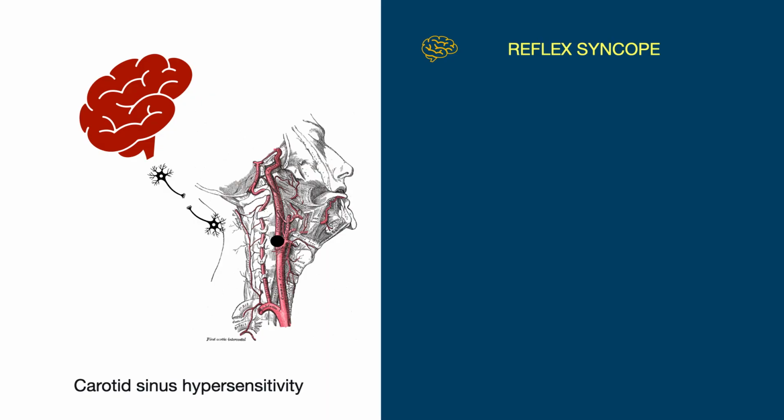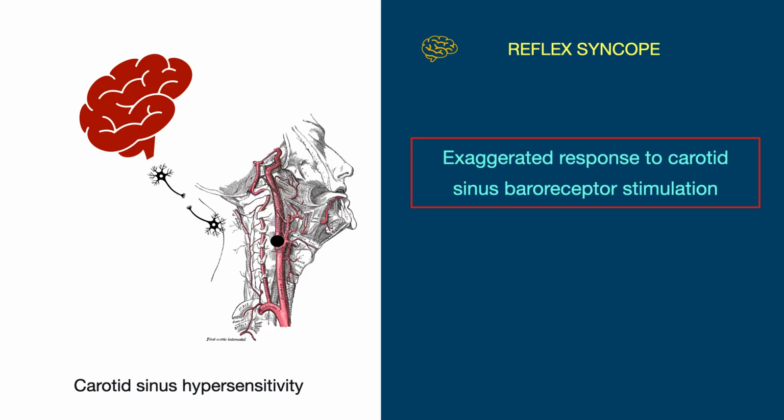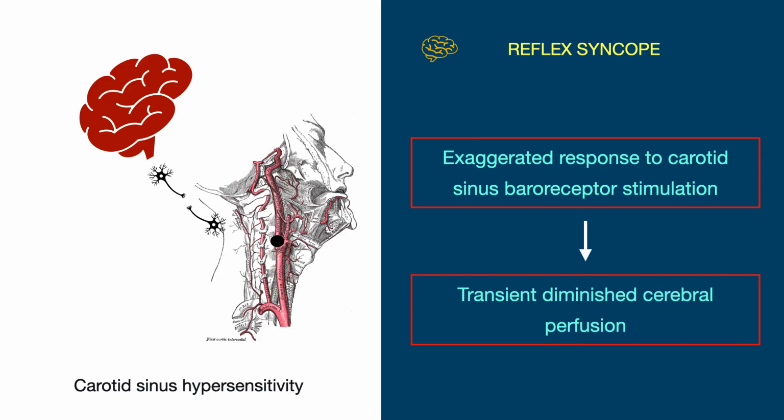Carotid sinus hypersensitivity is an exaggerated response to carotid sinus baroreceptor stimulation. It results in dizziness or syncope from transient diminished cerebral perfusion. Although baroreceptor function usually diminishes with age, some people experience hypersensitive carotid baroreflexes.